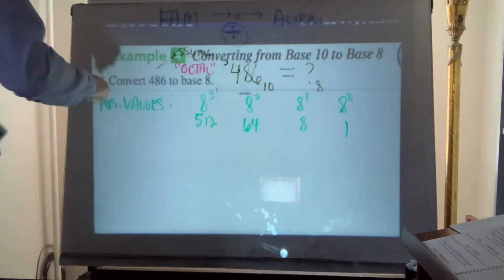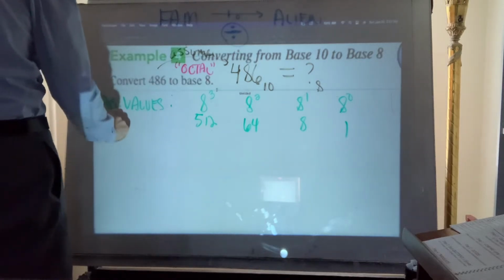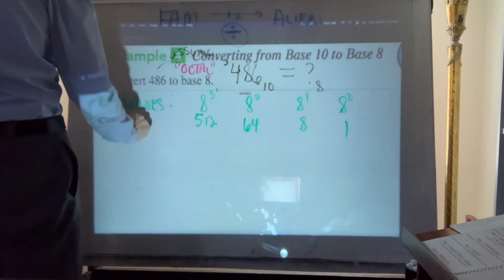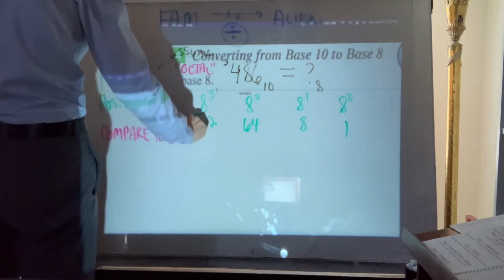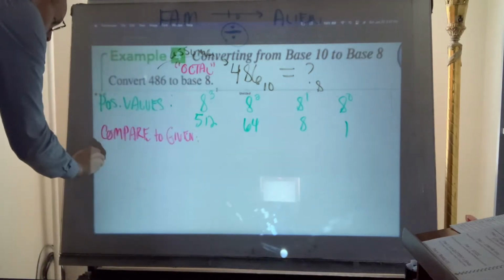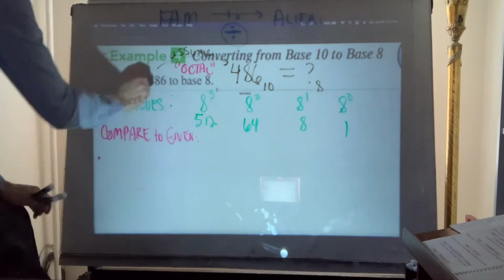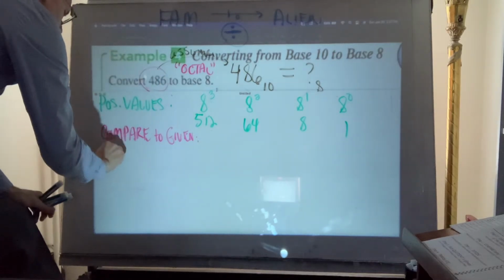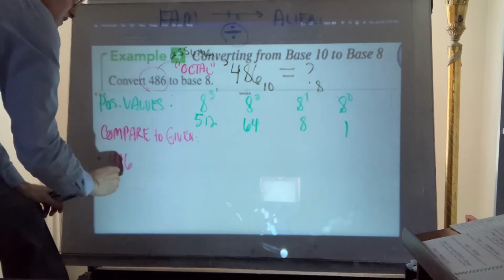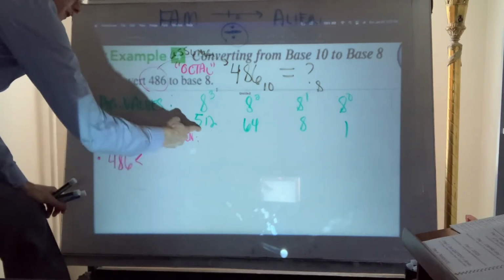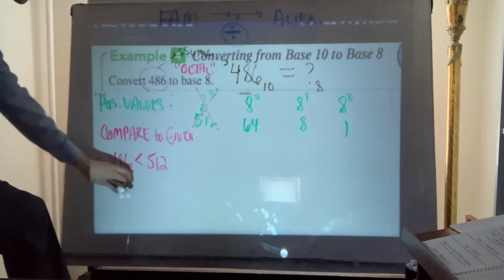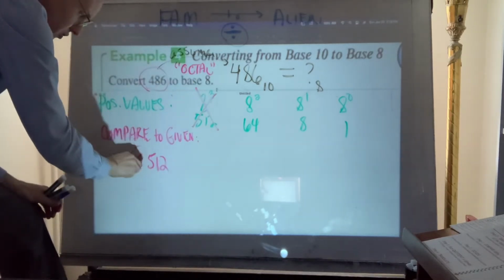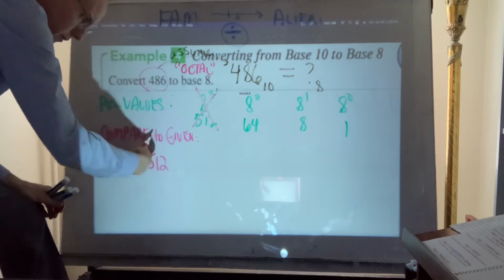We're going to compare to the given value. I'm going to do this in bullets. Here's the given value. 486 is less than 512. So we're not going to use that one, because it has to be the point at which it's exactly equal to it or greater.